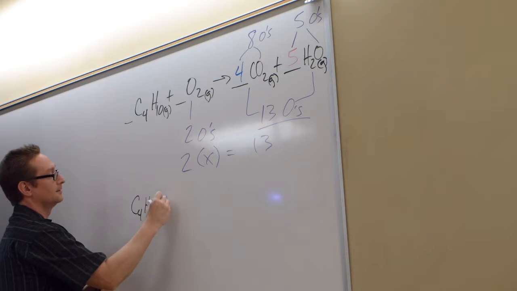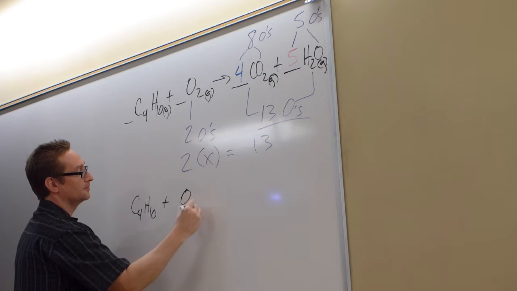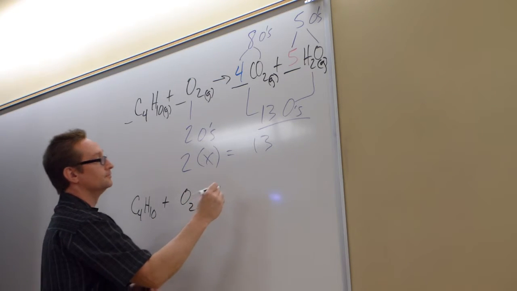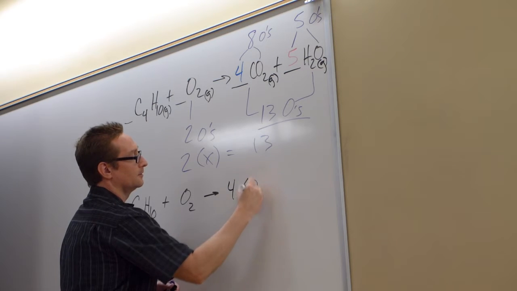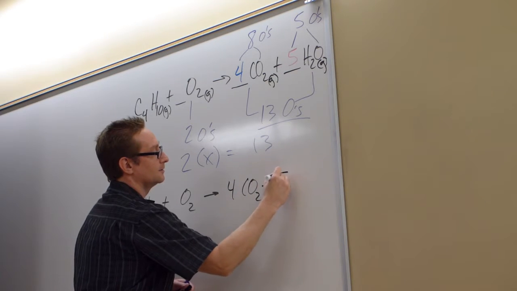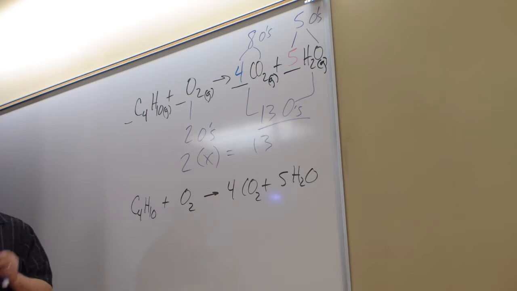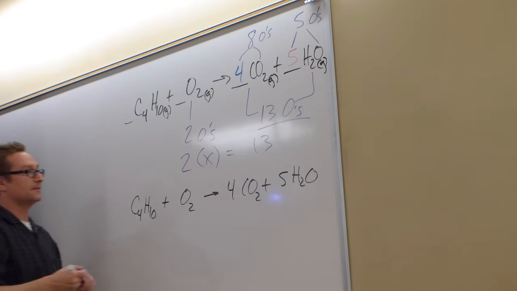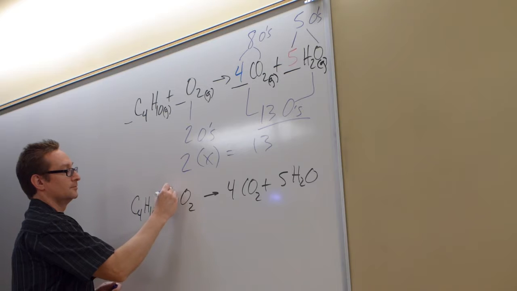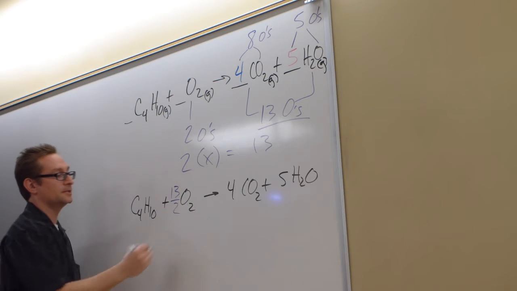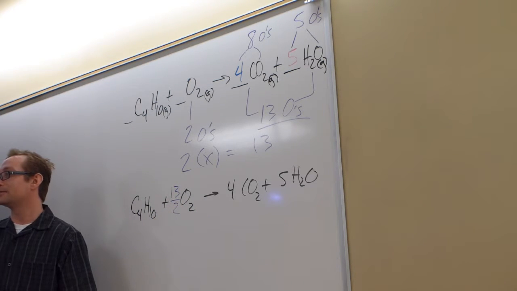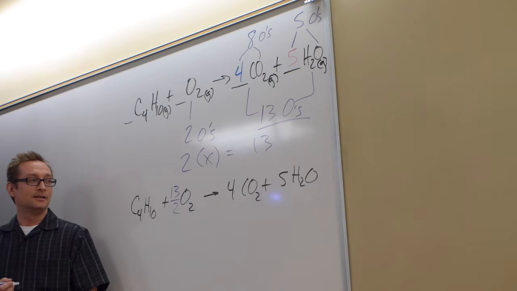C4H10 plus O2 yields 4 CO2, 5 waters. And so now we're going to have 13 halves, or 6.5, for the oxygen.